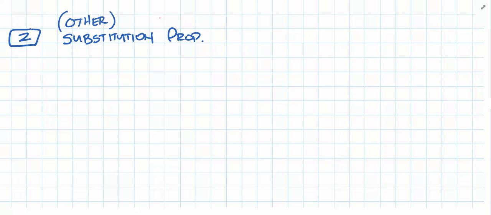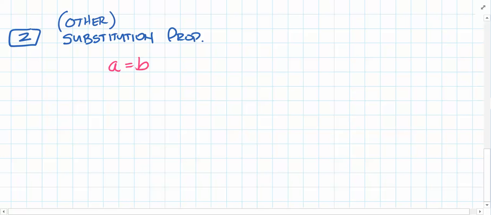So here's what we have. If you know that A is equal to B, then A and B are interchangeable. So if A is equal to B, then we can say A and B are interchangeable. Alright?